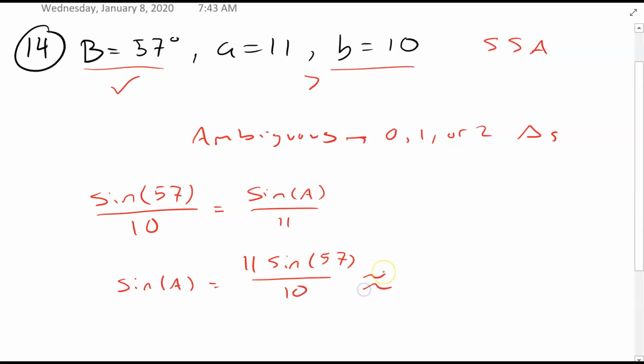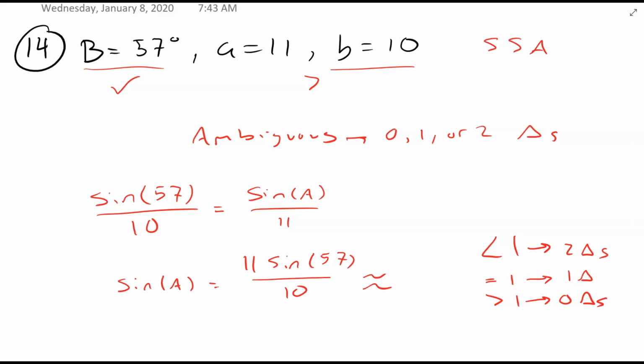And I'm going to look at what the number is for 11 times sine 57 over 10. If that number is less than 1, I have 2 triangles. If it's equal to 1, I have 1 triangle. And if it's greater than 1, I have 0 triangles. So it all depends on whatever that number is for the sine of A.